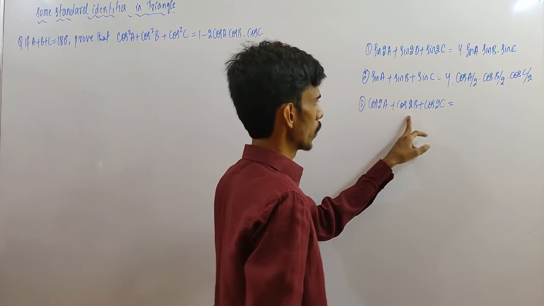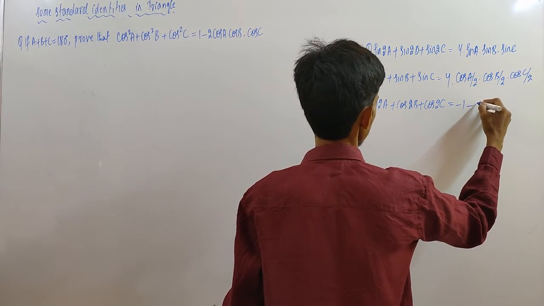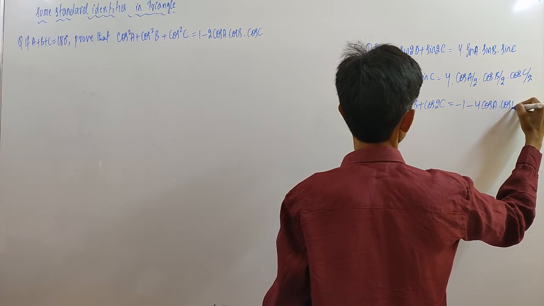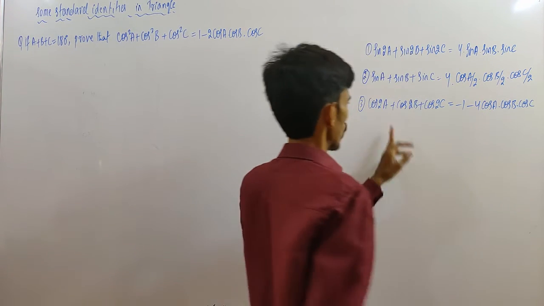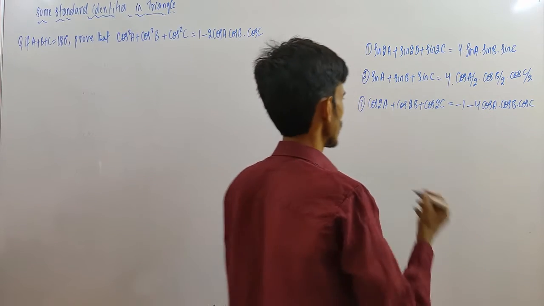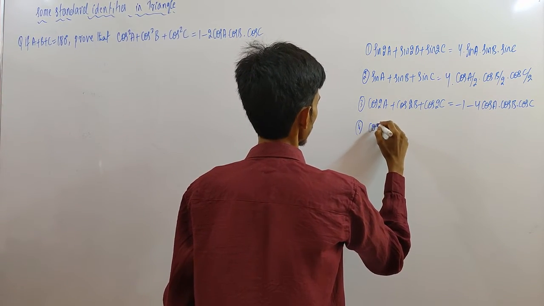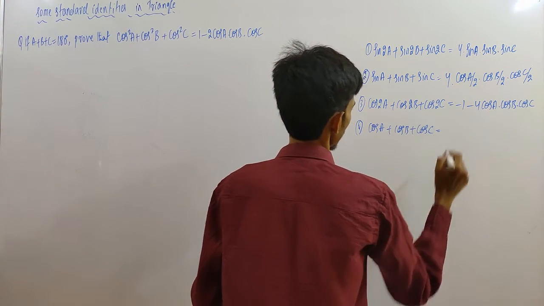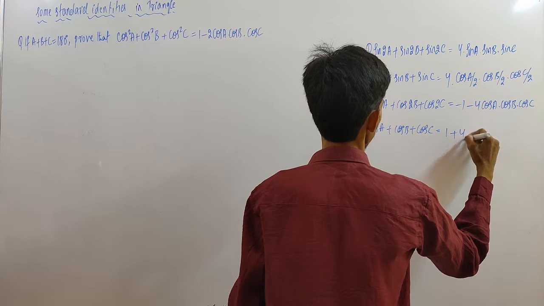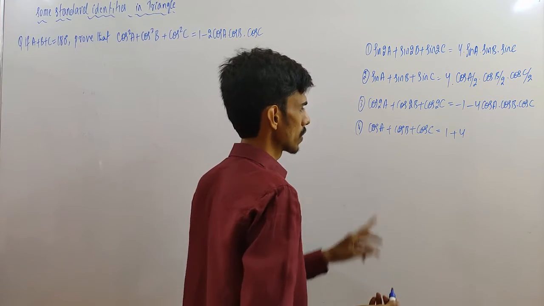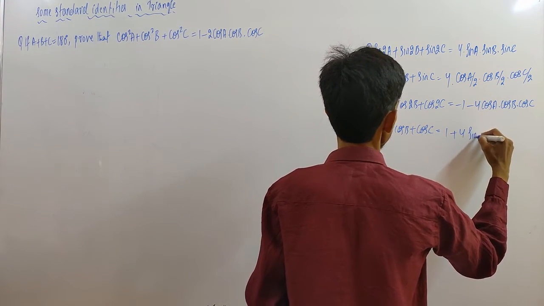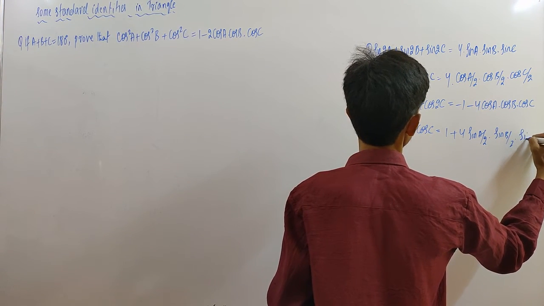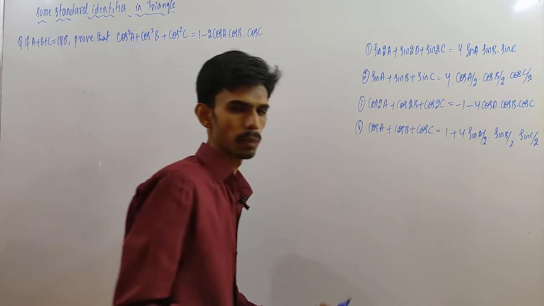We have 2A 2B 2C, so we have -1 - 4 cos A cos B cos C, with 2A 2B 2C on the left and 1A 1B 1C on the right. Fourth is cos A + cos B + cos C. Then we have 1 + 4 with 1A 1B 1C, therefore a sine to cos transformation: sin(A/2) sin(B/2) sin(C/2).